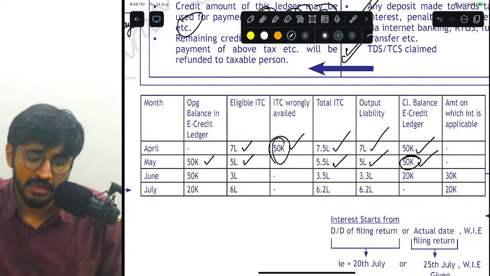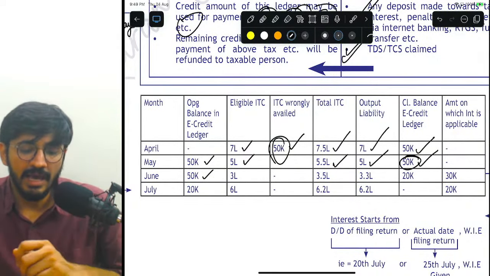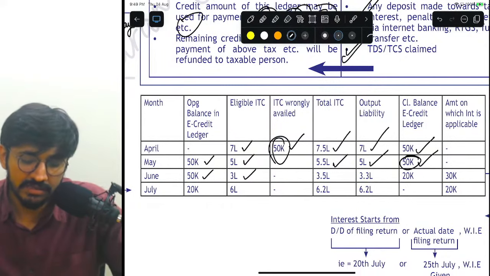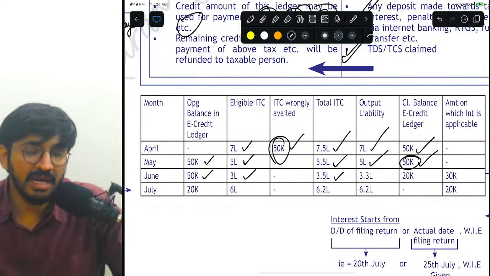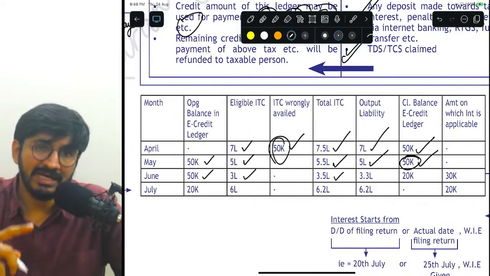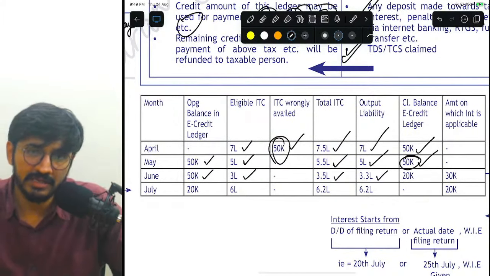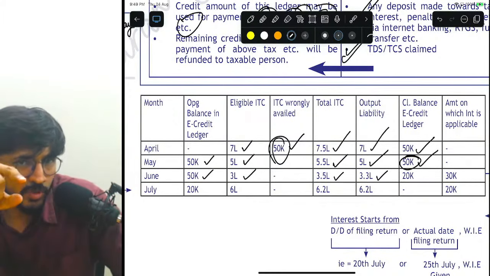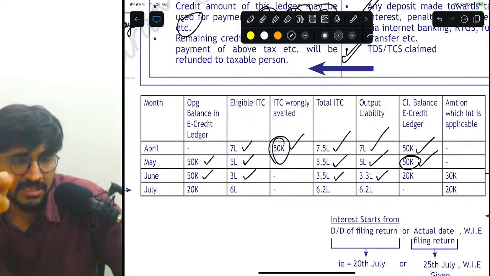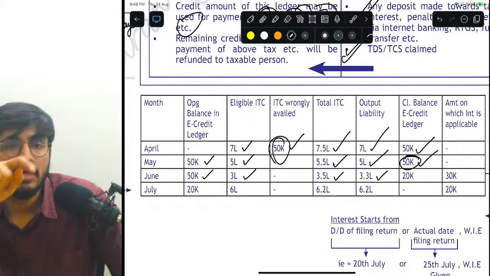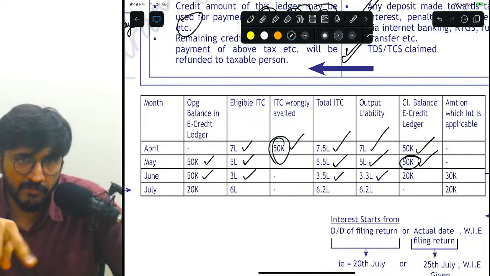Next, the opening balance in the credit ledger is 50,000. Eligible ITC is 3 lakhs. Now total ITC is 3.5 lakhs. Output tax liability will be 3.3 lakhs.